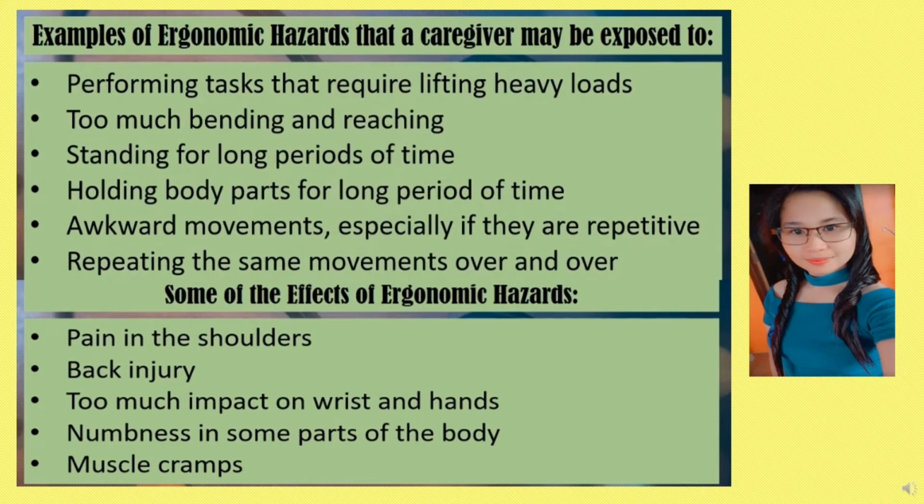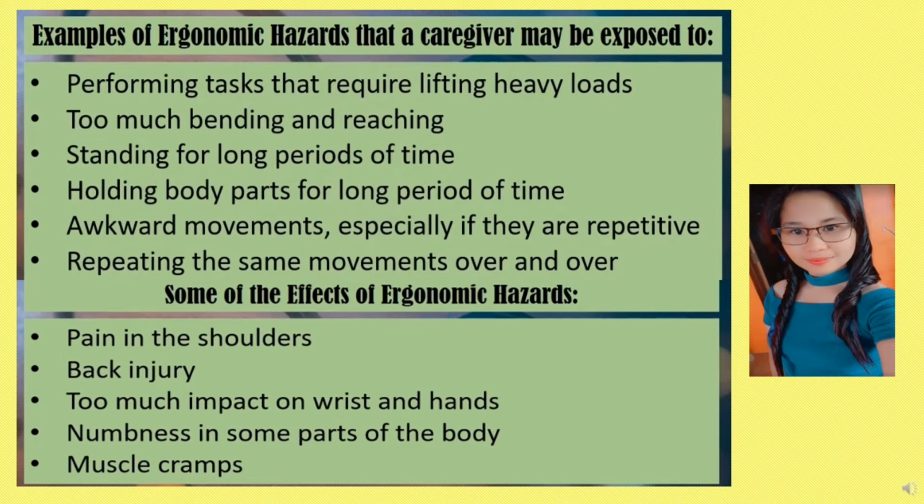Some of the effects of ergonomic hazard, ang magiging epekto nito, pwedeng sumakit ang iyong mga balikat, back injury, pwede sa likod mo, too much impact on wrist and hand. Okay, masakit dito sa may kamay mo. Numbness in some parts of the body.